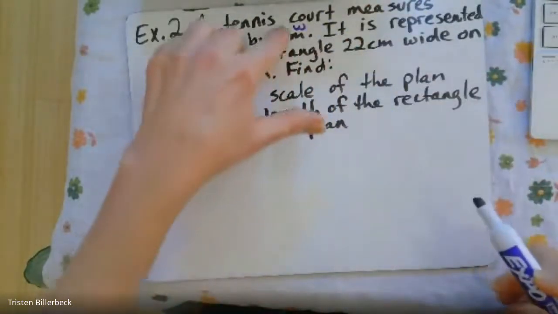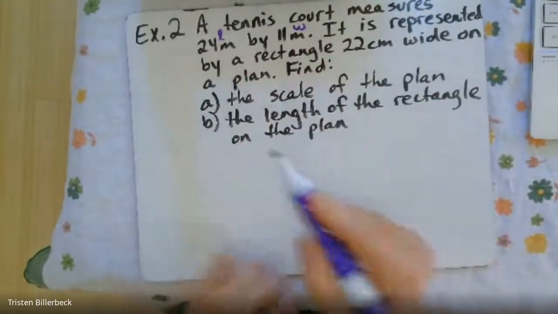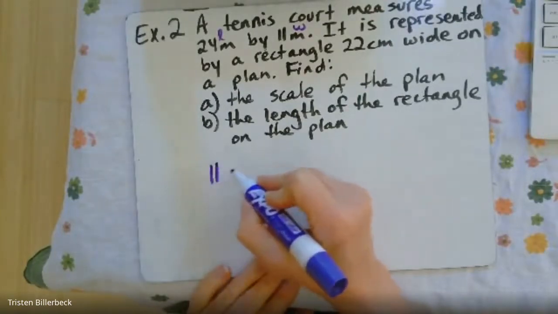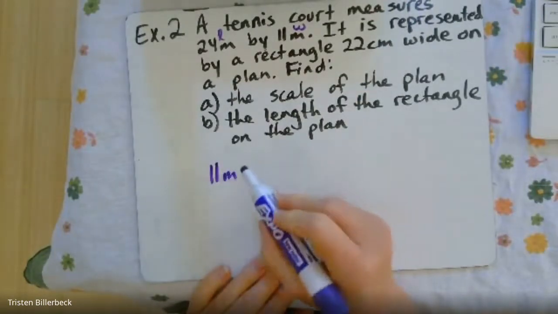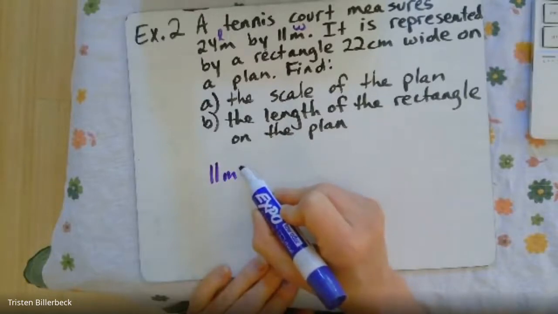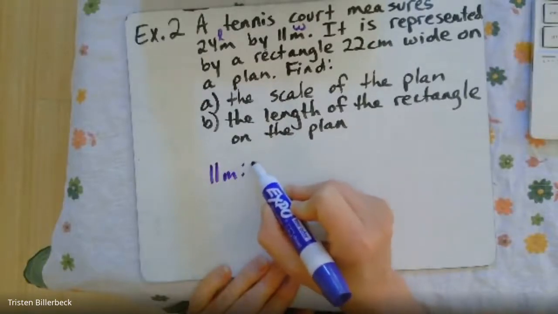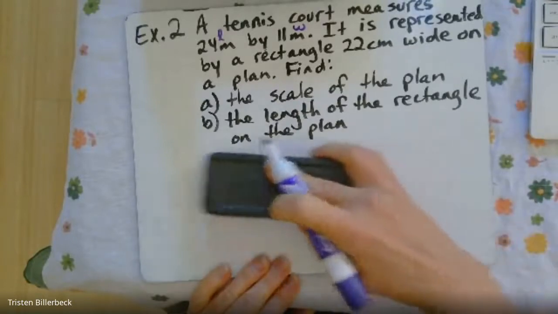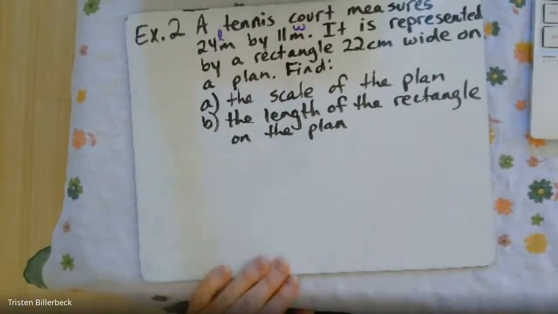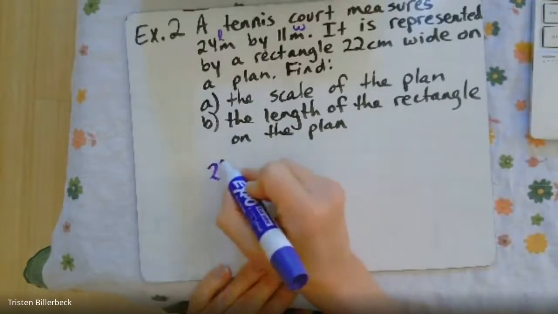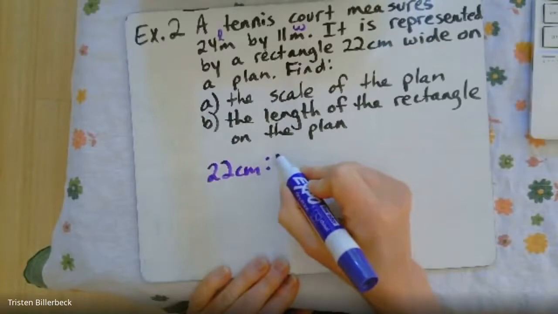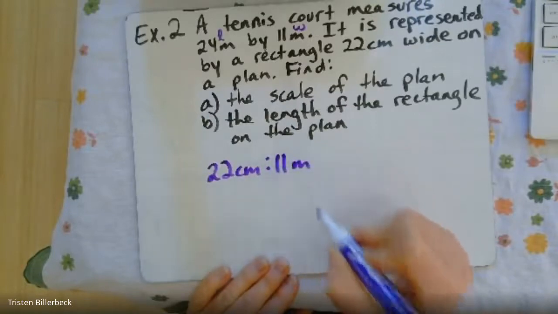So we're going to compare this to this. So we have 11 meters, and that's going to be the same as 22 centimeters. Oops, I need to do it the other way because we want the drawing first. 22 centimeters, and then we have 11 meters.